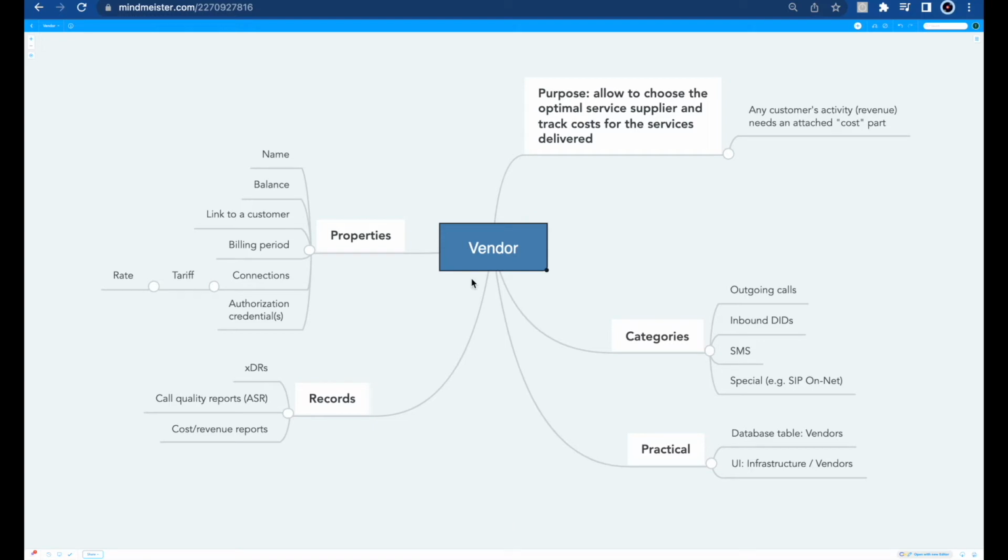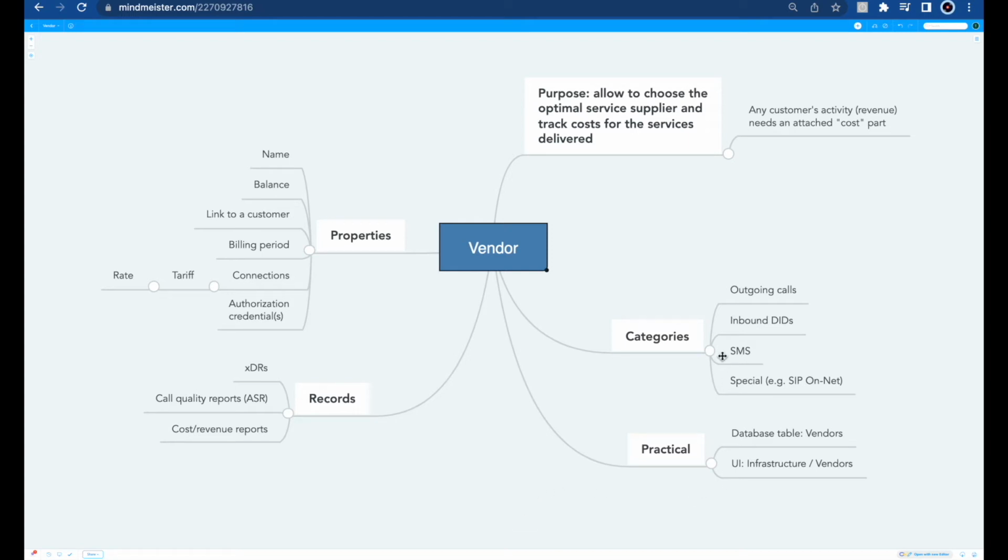For this purpose, we are going to create an internal vendor and set the cost to zero. Each time an intra-network call is made, we're going to be able to trace the cost, even though it's nothing. This helps the operator avoid situations when the calls seem to be profitable at first, but in a couple of months, the operator realizes that they have been actually losing money instead of making a profit.